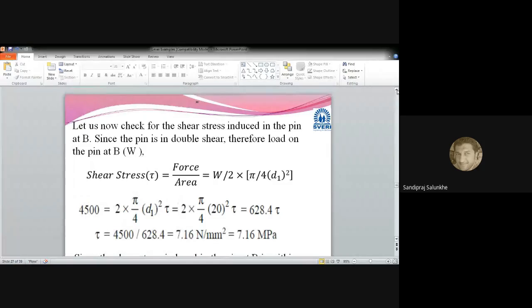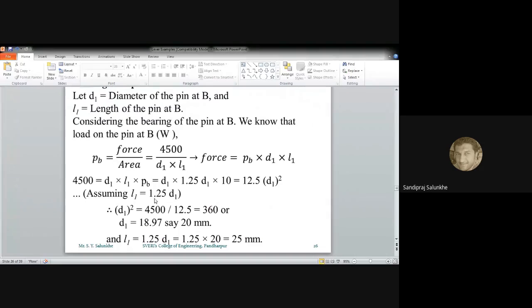Using the same criteria of bearing pressure, we have calculated the diameter and the length of that pin. We have assumed that the length of the pin is 1.25 times the diameter of the pin. By considering that, we have calculated the diameter of pin D1 as 20 millimeter and the length of the pin as 25 millimeter.